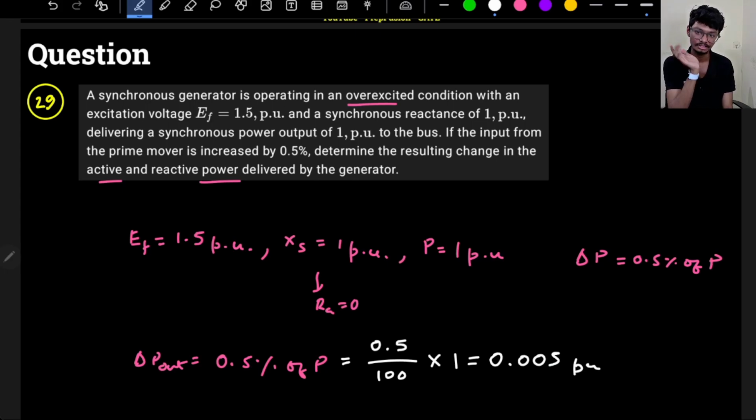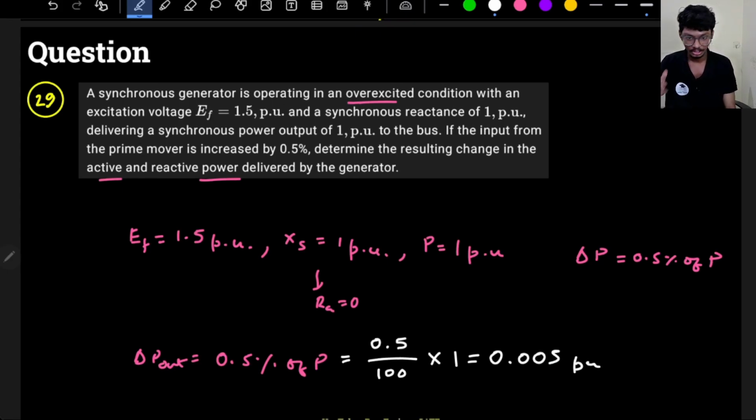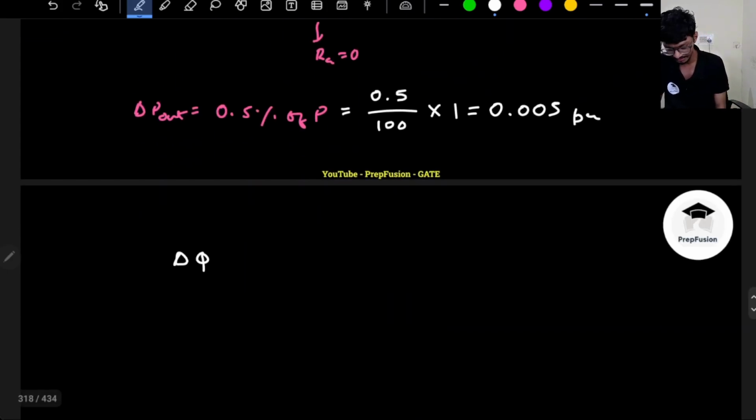This is the change in the output power, which is already fixed. But what is the change in reactive power? How do I find out the change in reactive power?